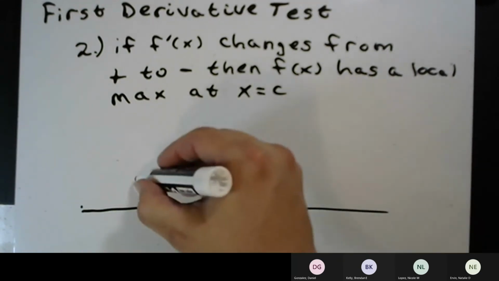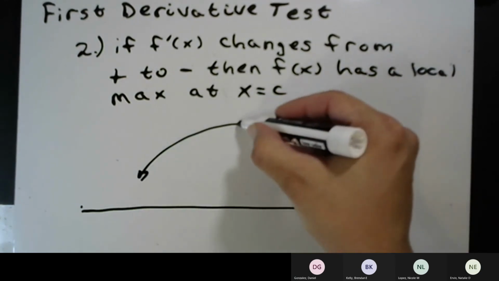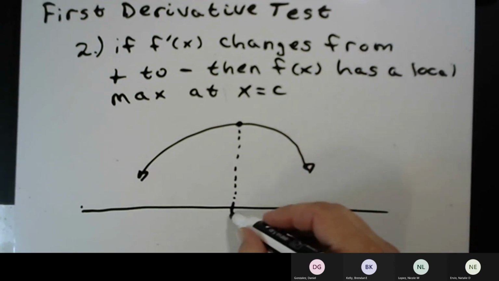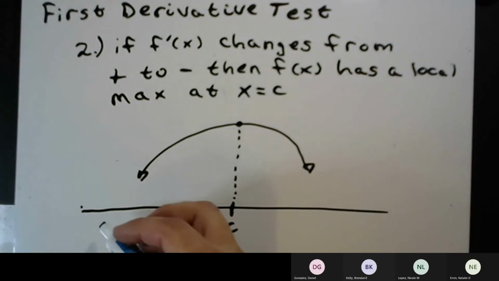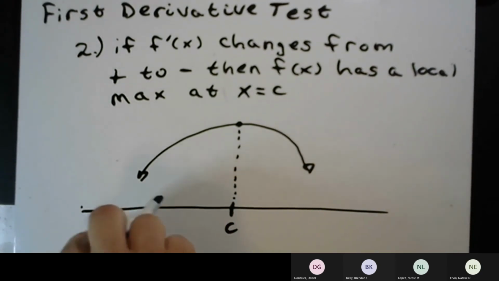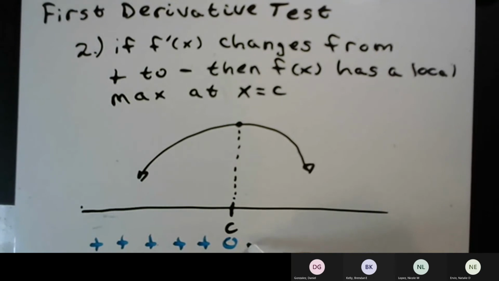So again, if we kind of take a look at that first arc, there's C. Well, we're going to see positive, drop down a little bit lower, positive, positive, positive, positive, positive, 0, minus, minus, minus, minus, minus for the f prime of x.